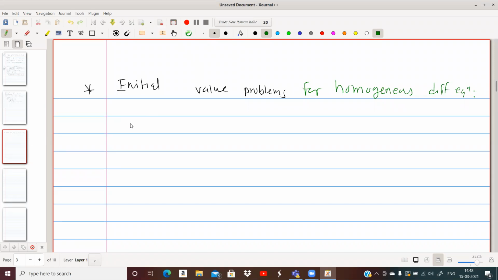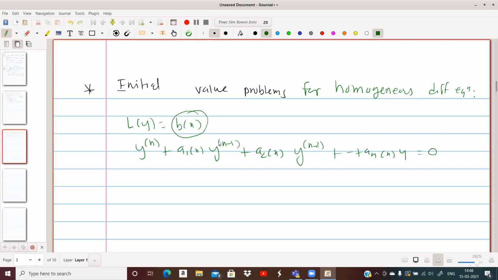So what do we mean by an initial value problem? You are given a differential equation L of y equal to b of x. Suppose its order is n, so you can write that equation like this: a1 x, y's (n minus 1)th derivative, a2 x, y's (n minus 2)th derivative, and so on, an x, y. And for a homogeneous system, this b of x is going to be 0. So L of y equal to 0, you should write.